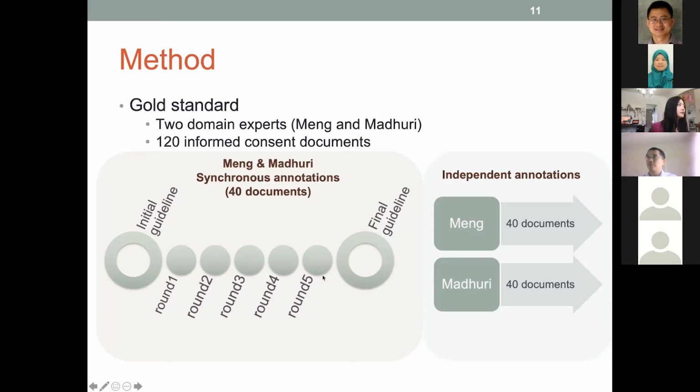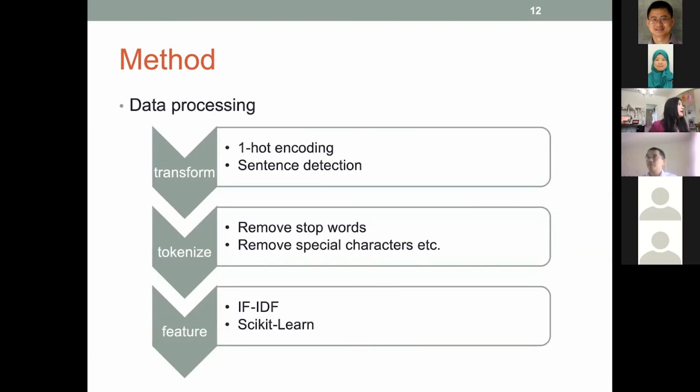After each round, kappa scores were calculated to evaluate the agreement between the 2 annotators, and we would discuss and update the guideline. After 5 rounds, the 2 annotators split the remaining documents and annotated them independently. I am one of the annotators, and the other is a scientist in our group.